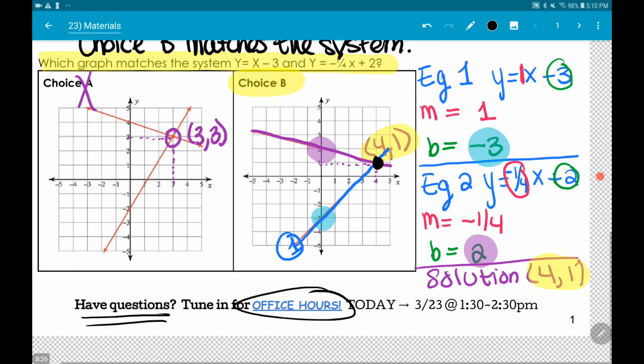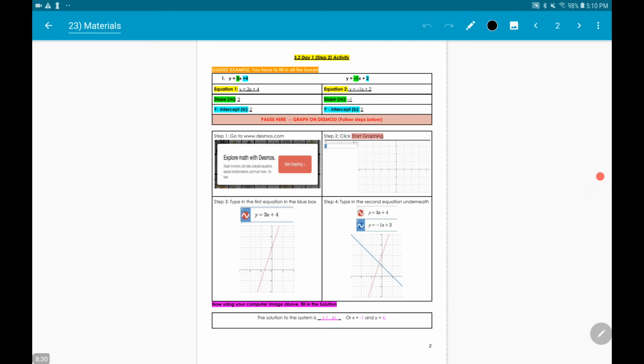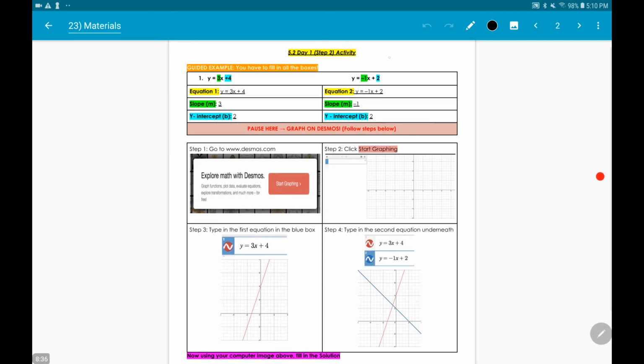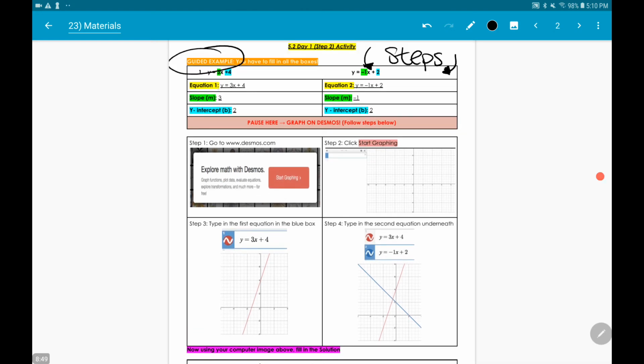All right, so what you're going to do next after this video ends is you are going to complete the same thing that we just did. If you look on this page, page number 2, this is your guided example. So these are your steps. So if you get confused, you just follow these steps, or you can come back and watch the video again and follow the video. Right here is a blank space. That's where you're going to be typing it in.